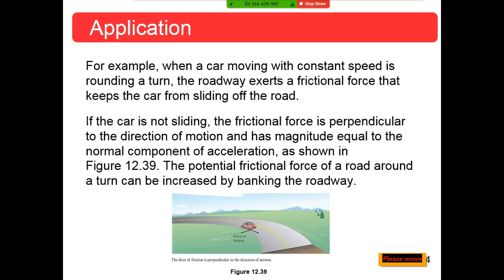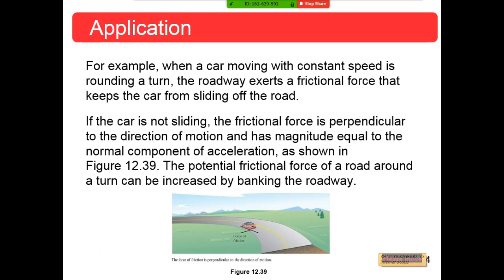For example, when a car is moving with a constant speed, rounding a turn, the roadway exerts a frictional force that keeps the car from sliding off the road, okay?